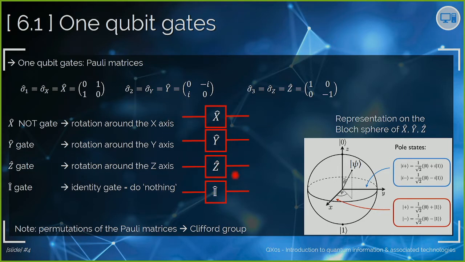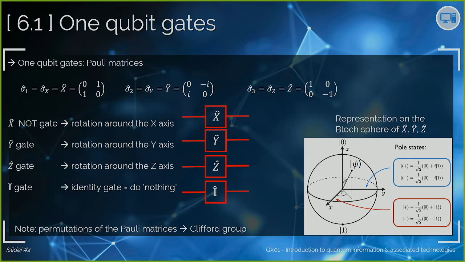And of course, to have a complete set of gates, we need the identity gate, which is do nothing, which we can represent by the identity operator, but which usually we represent as a line.